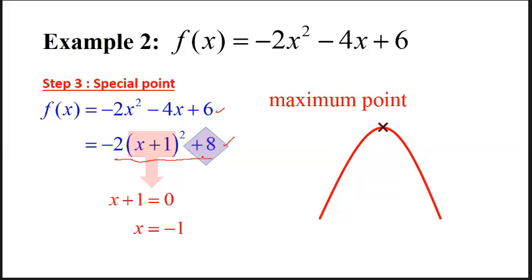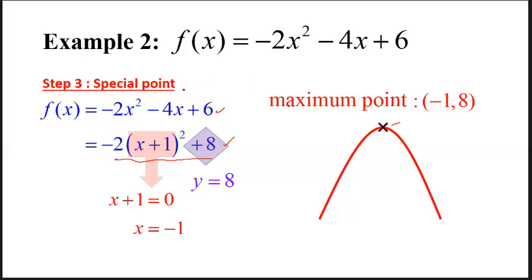The value of plus 8 corresponds to the y coordinate of the maximum point. As a result, I have my maximum point with coordinates (negative 1, 8). So step 3 is done.